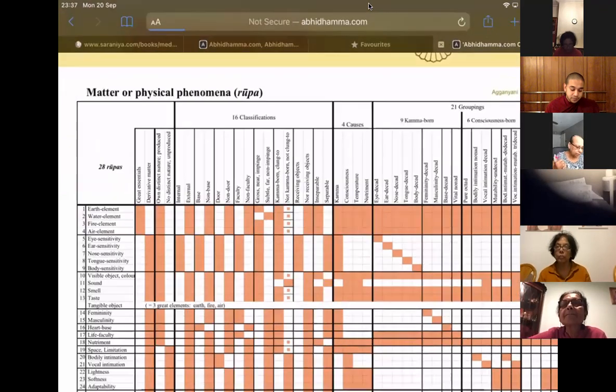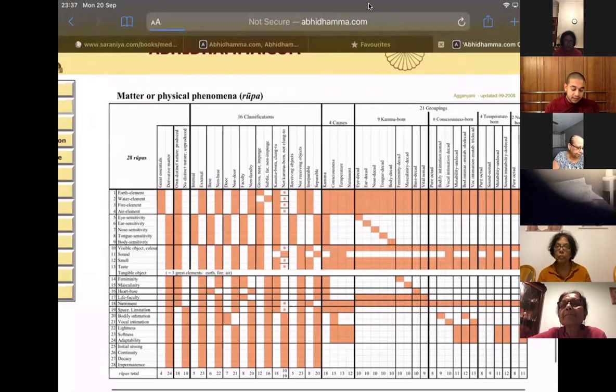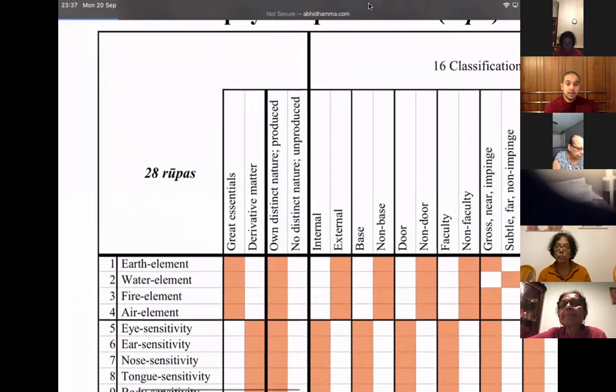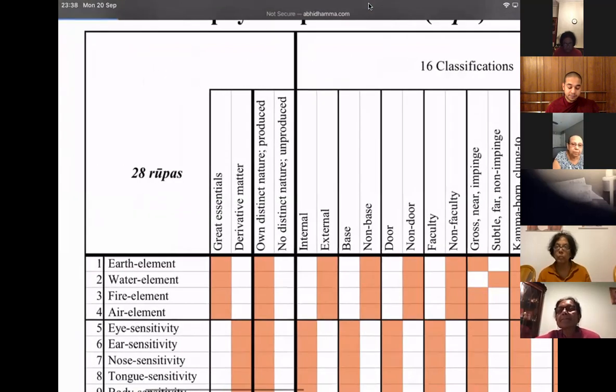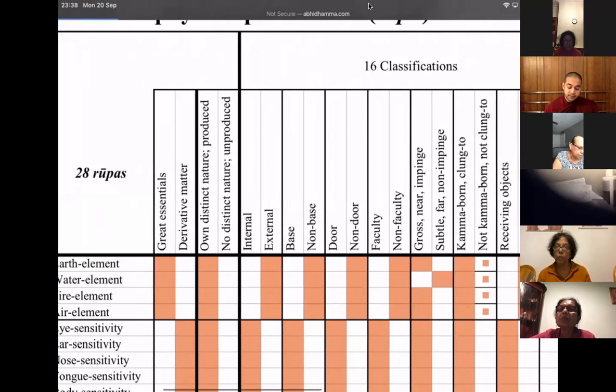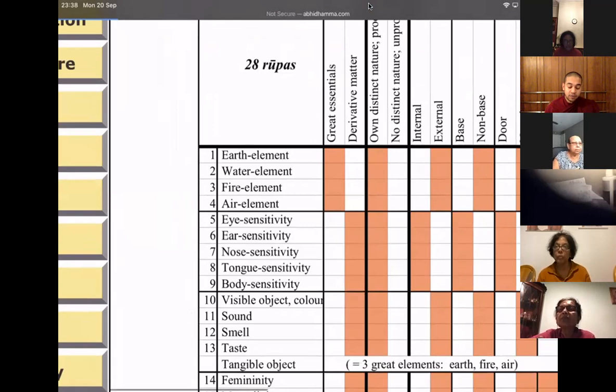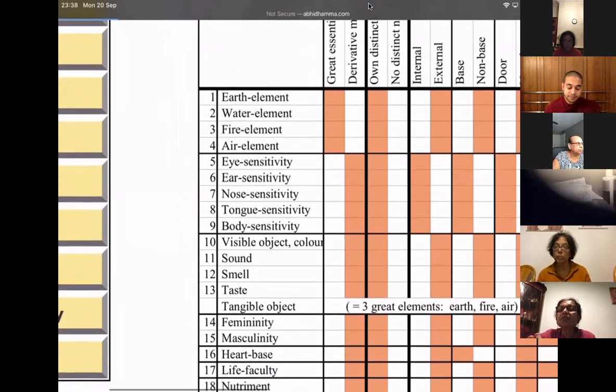We have first the great essentials, the derivative matter, the own distinct nature. No, let's go down this side. We have the earth, water, fire, air element.